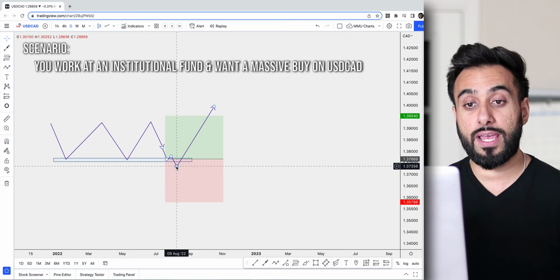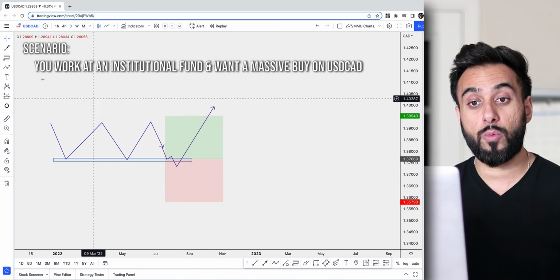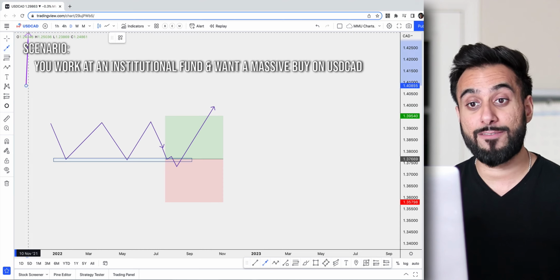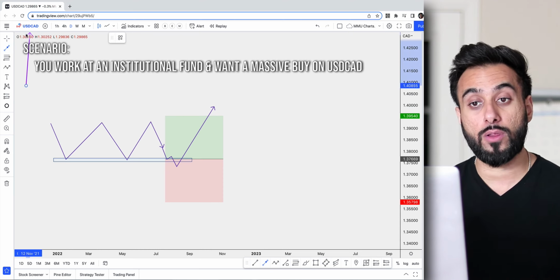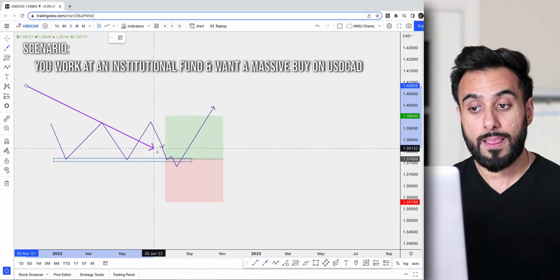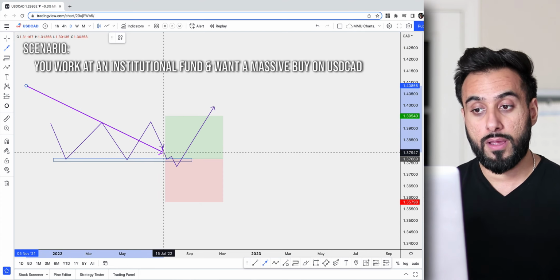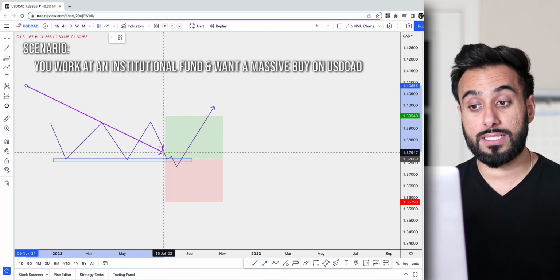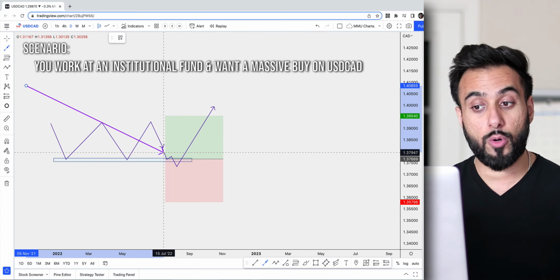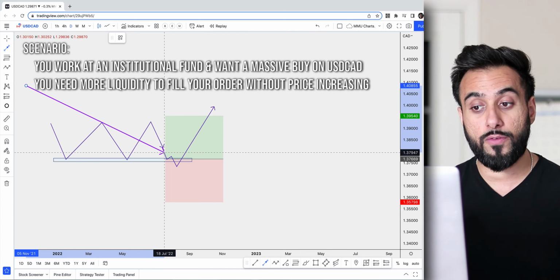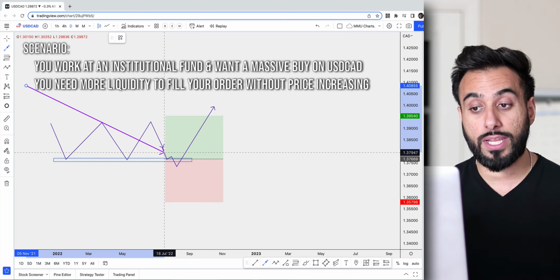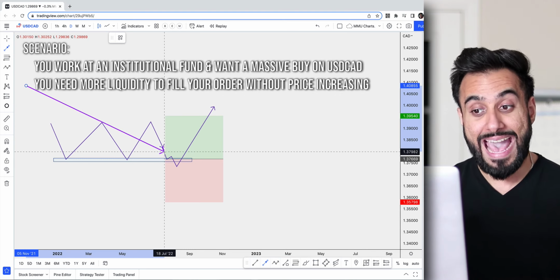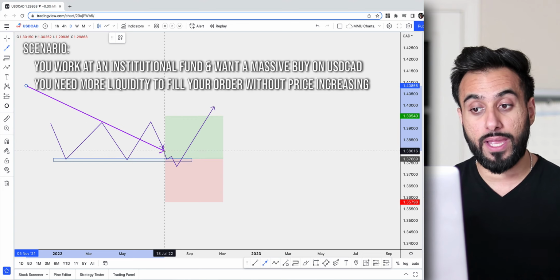Let's say you were managing an institutional fund and your fund wanted to enter a massive whale position of going long on USD CAD. Let's say you wanted to enter here. And because your trade size is so huge, there wasn't enough liquidity for you to enter your position without the market moving upwards as you continue to accumulate your buys.